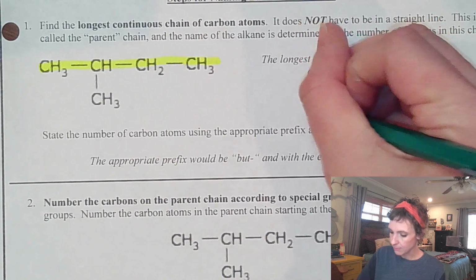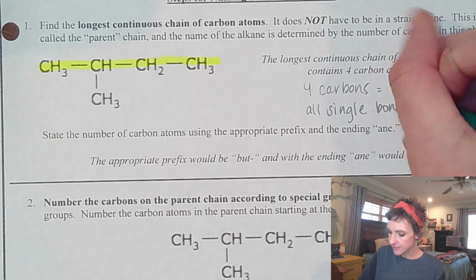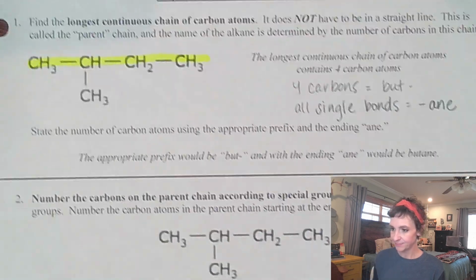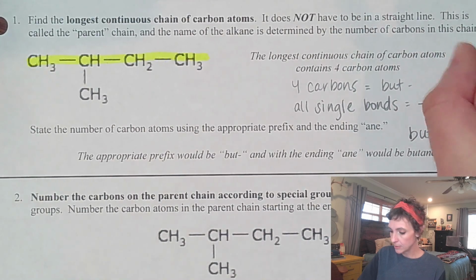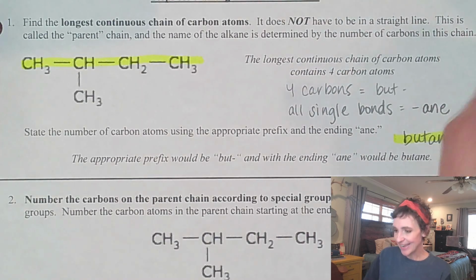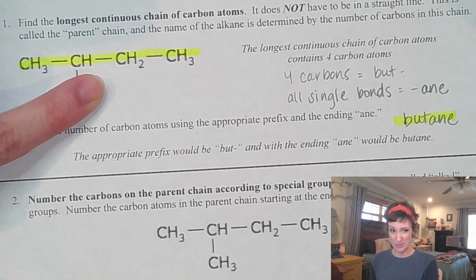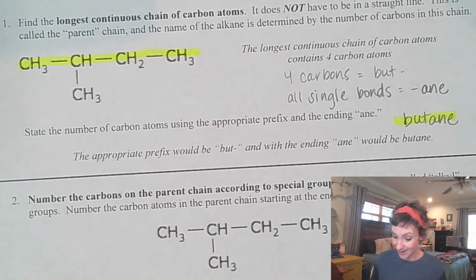So all single bonds, which means that will be ending in -ane, right? Put those together, we get butane. Yay! But I can't just call it butane because plain old butane would have nothing branched off of it. It would just be a straight chain, right? So I gotta kind of specify well, there's some a little bit extra going on here.